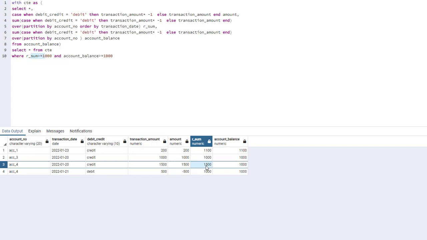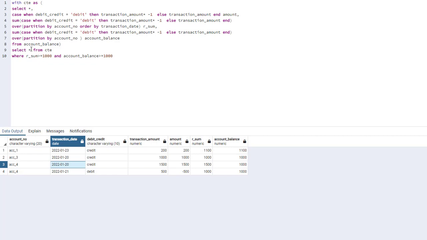This is why I need to find a way to keep only the row where the date is minimum, because this means the account reached 1000 for the first time at that date, the minimum date.